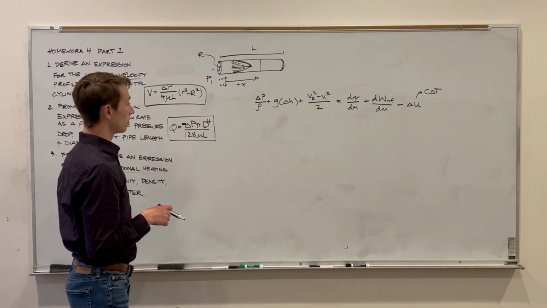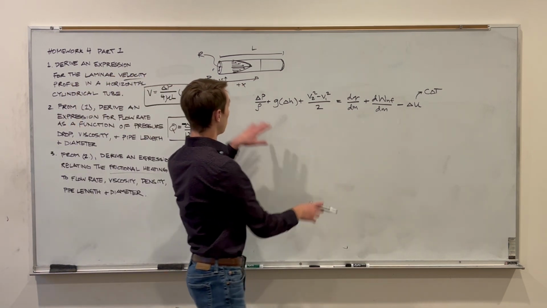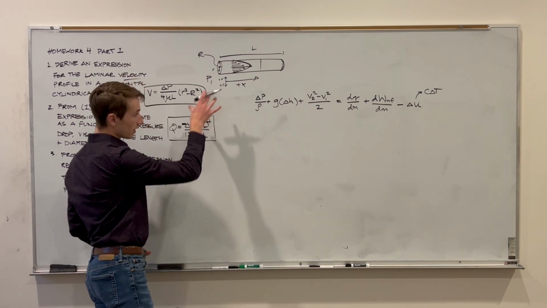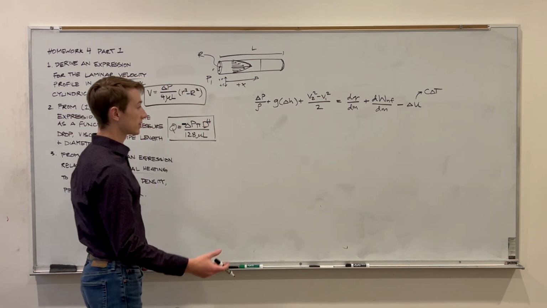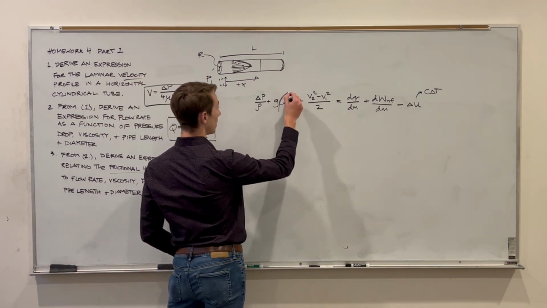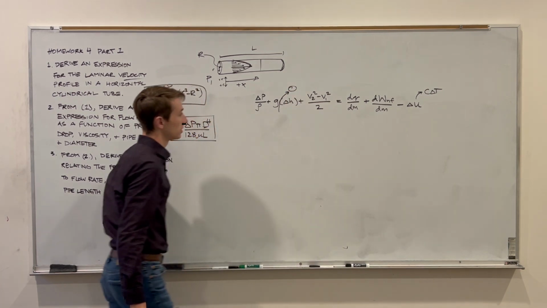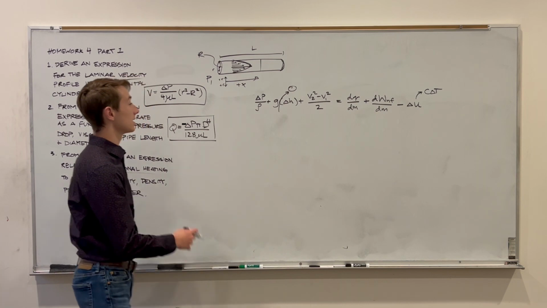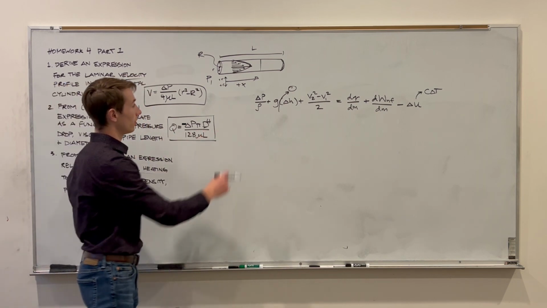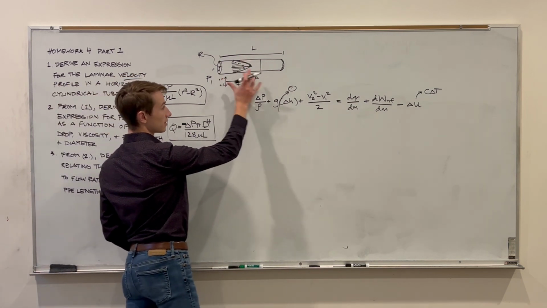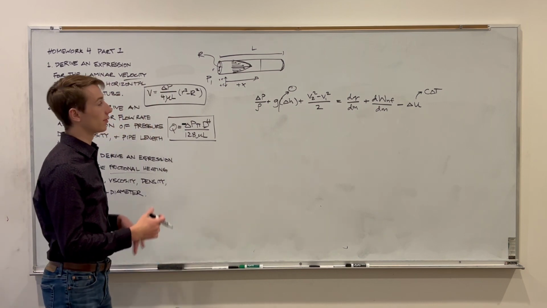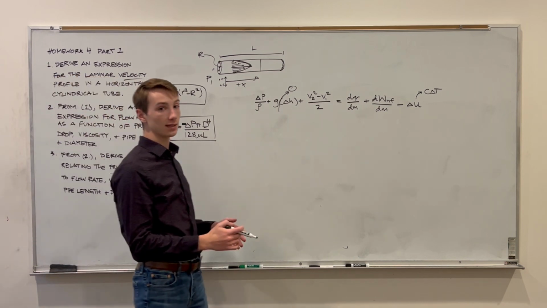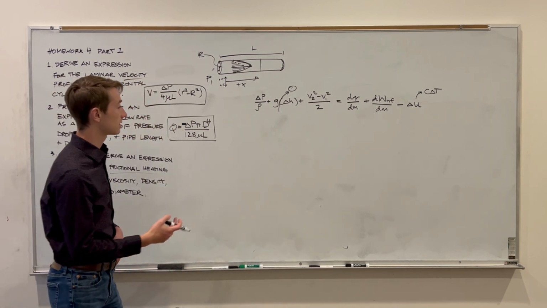Okay, so let's apply this to our problem. It's a horizontal cylindrical pipe. Because it's horizontal, we don't have any change in height, so no energy is added to our system there. We also know that it's a constant velocity of fluid traveling through the pipe. Although it changes with radius, it doesn't necessarily change with length in the positive x direction, so our velocity in the x direction doesn't change necessarily.